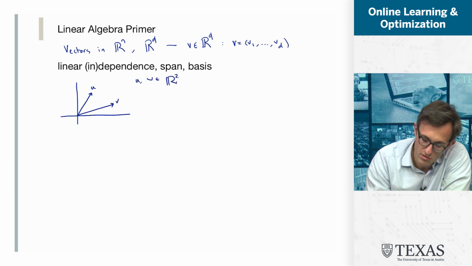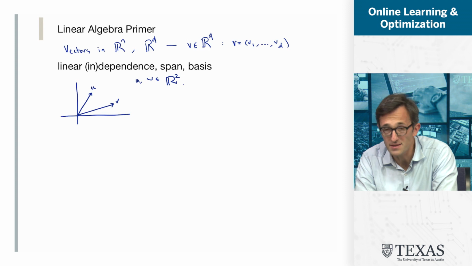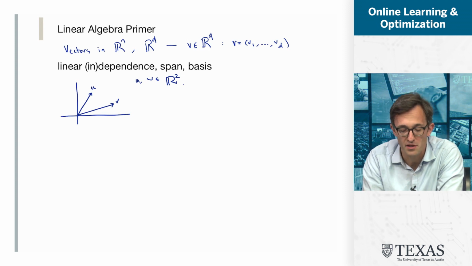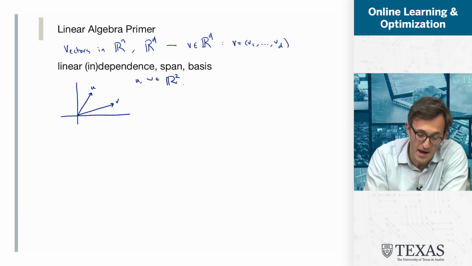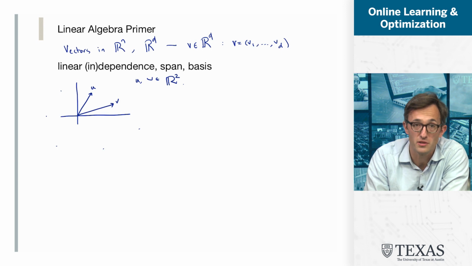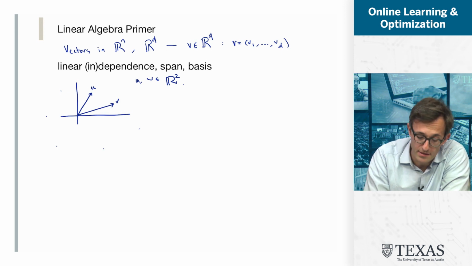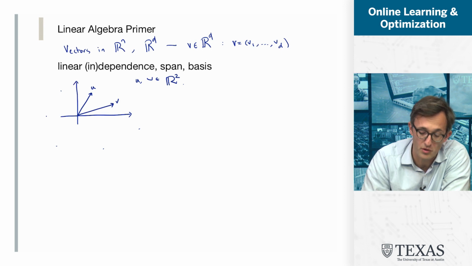And you can see that for any place that you want to get to on the plane, you can take steps in the direction u and v and eventually get there. It's easiest for us to think about taking steps aligned with the coordinate axes, but we don't need to do that.